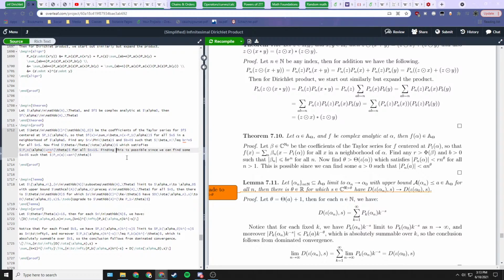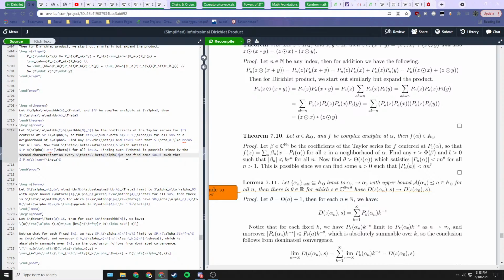Finding such theta is possible since by the second characterization, every theta strictly greater than capital theta of iota alpha has p sub n of alpha times n to the power minus theta going to 0 as n goes to infinity.